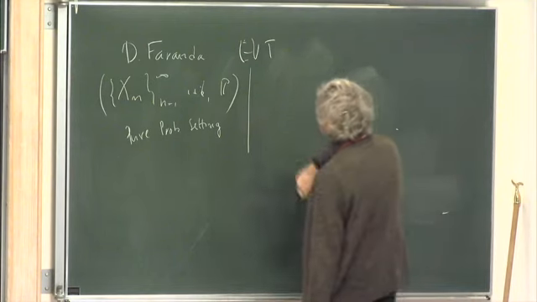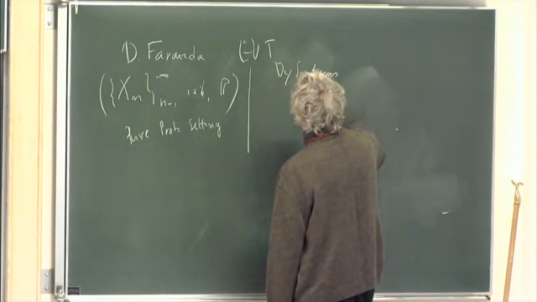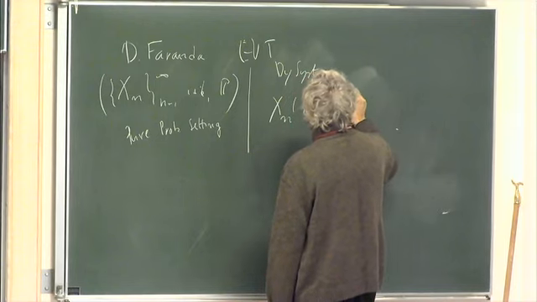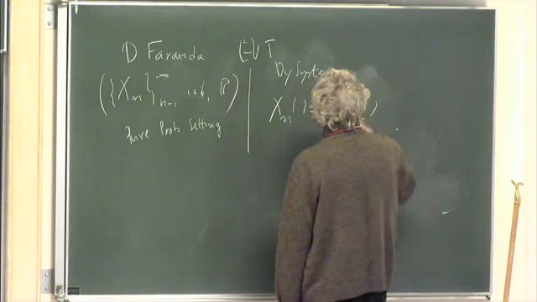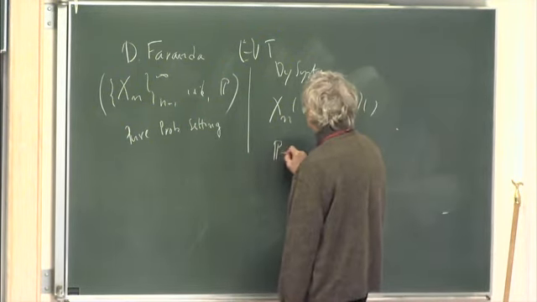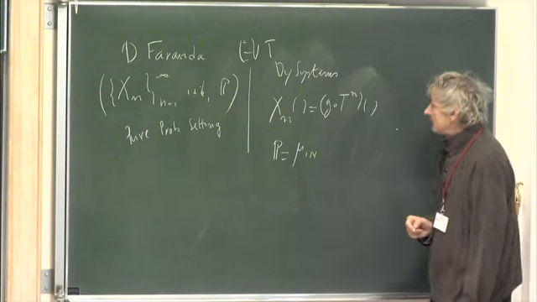When one wants to move to dynamical systems, the process here will be some observable computed with the dynamics, and the probability will be the invariant measure of the system.